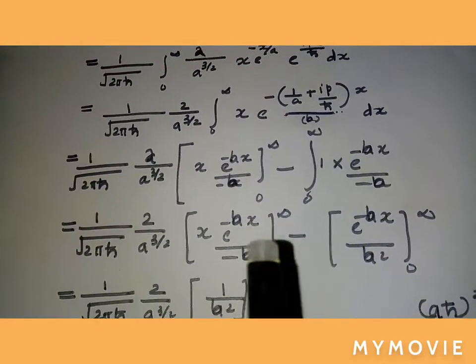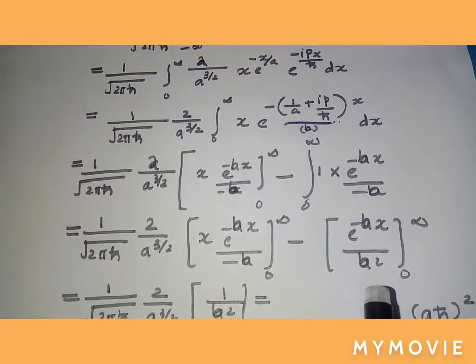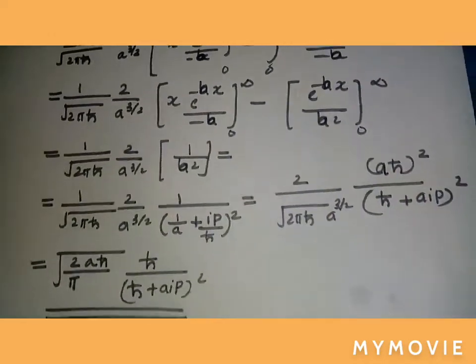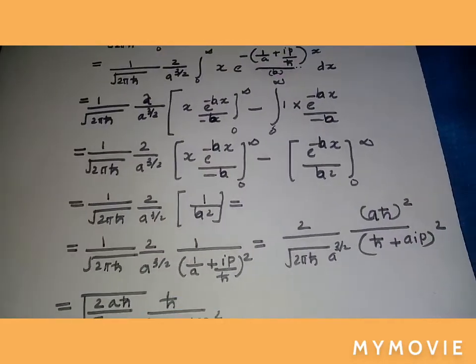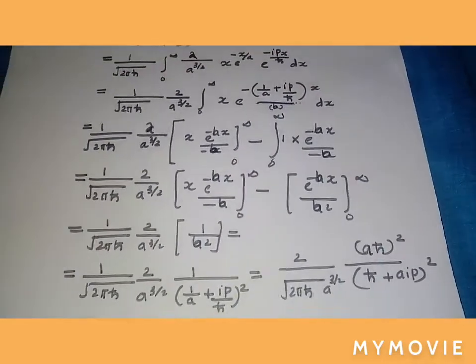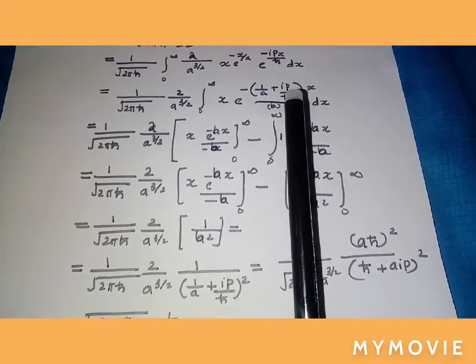We do one more integration, that is e raised to minus b x divided by b square, and after putting the limits, we get the answer as 1 by b square.